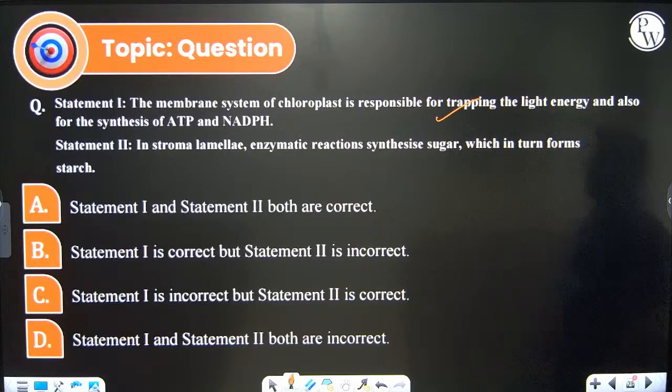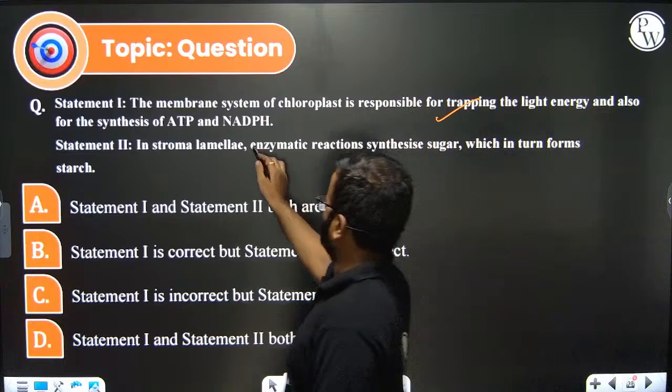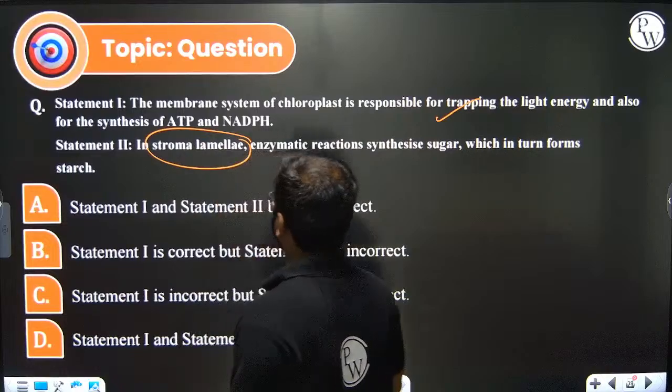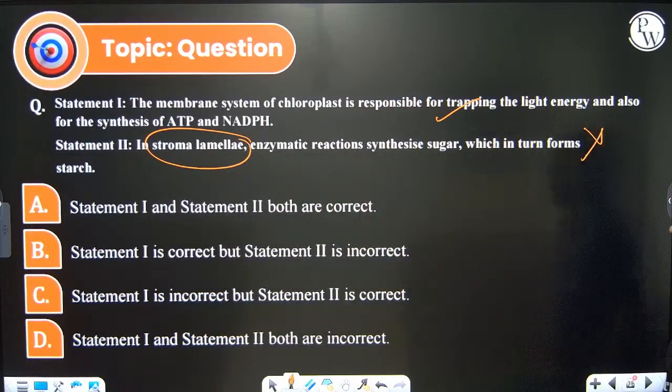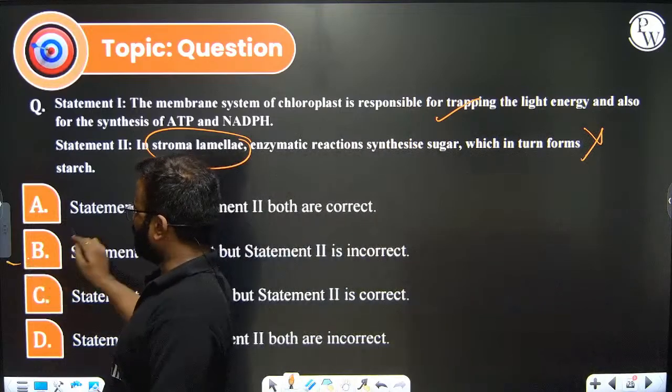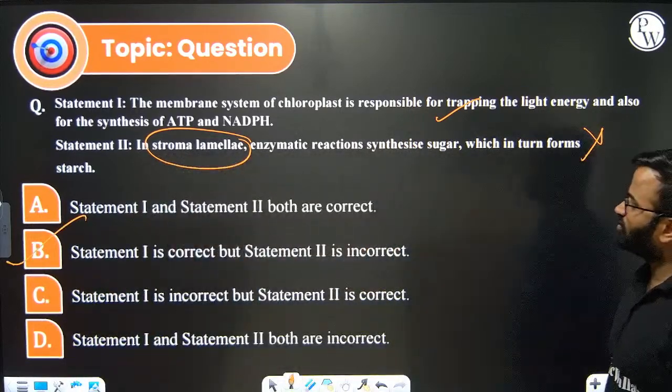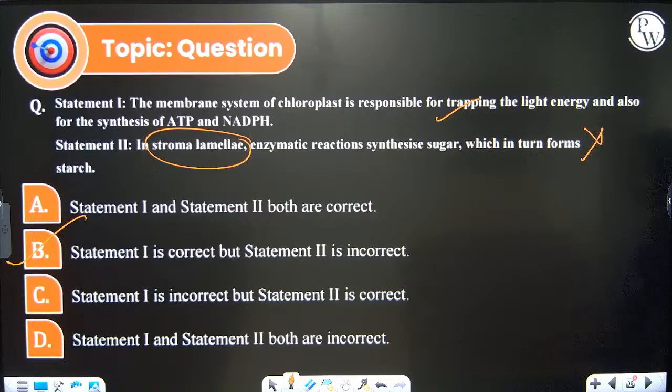In stroma lamellae, enzymatic reaction synthesizes sugar, which in turn forms the starch. Nah, it occurs in the stroma, not in the stroma lamellae. So this is wrong. So what would be the answer? B would be our answer.